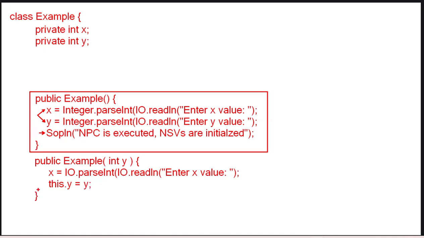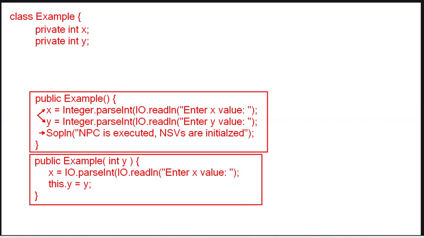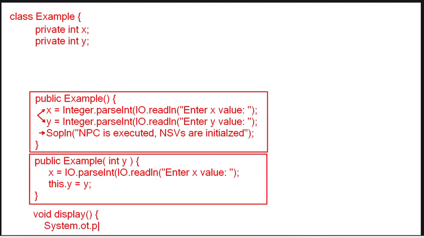Because the user passes the y variable, I want to initialize with y, but x I always want to read from the keyboard. And then void display, System.out.println of x plus " " plus y, close display method, close class. This is the program I have written.